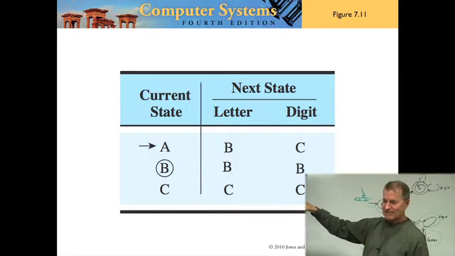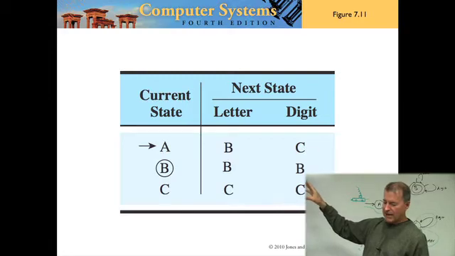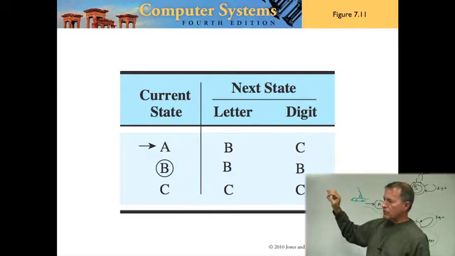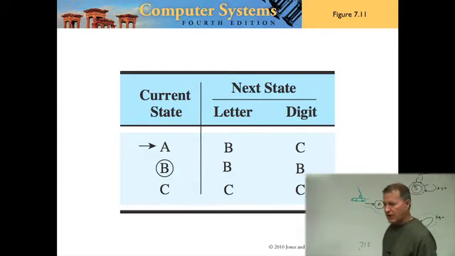Is everybody clear? And then in the body of the table, for every possible terminal character, we say what the next state is. Do you see on that first row, if the current state is A and we scan a letter, the next state will be B? Are you with me?